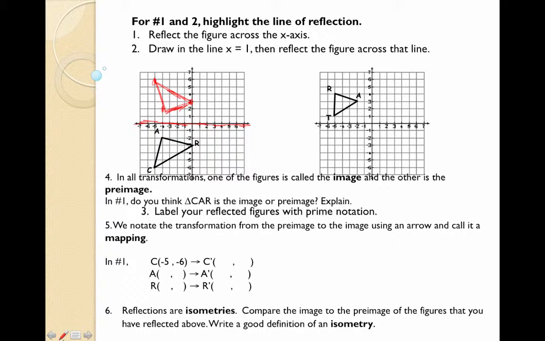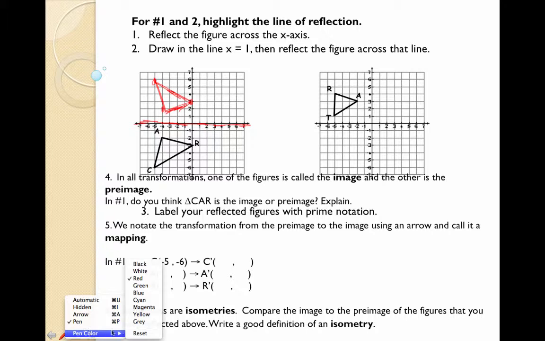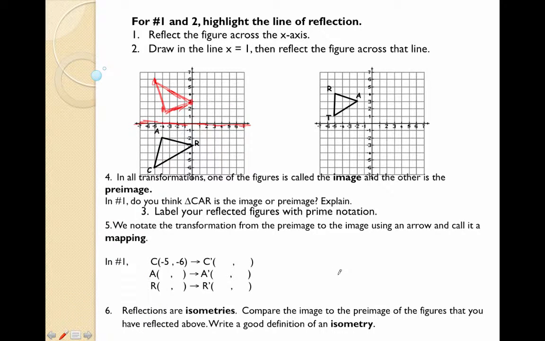Now, on part 2, we're doing something slightly different, but not horribly different. So, the line x equals 1, it's not an axis, of course, but it is parallel to the y-axis. So it's still vertical. So we're going to this line here. So I just have to go from this point A, I have to go 3 to get to that blue line.